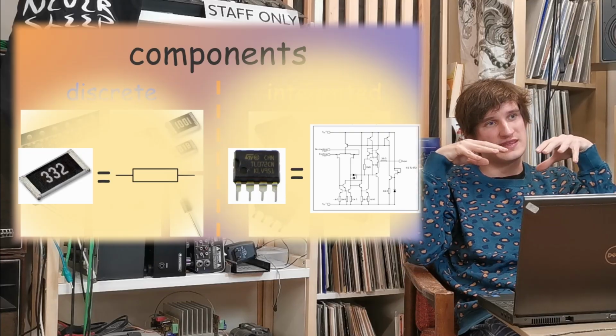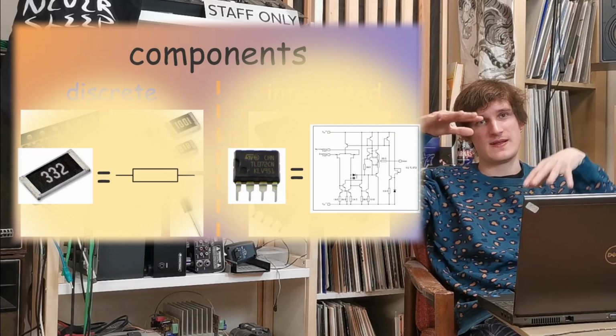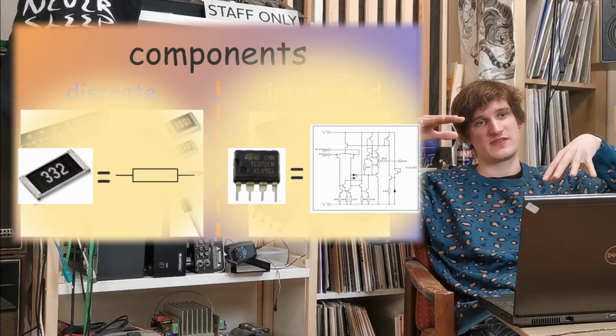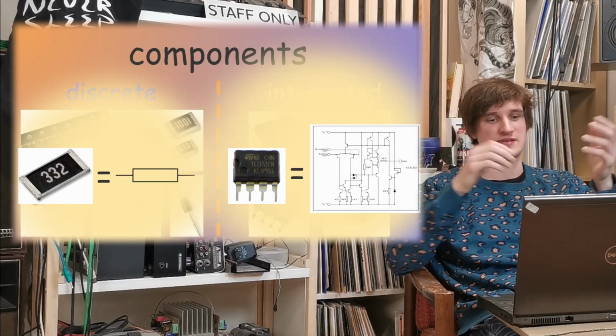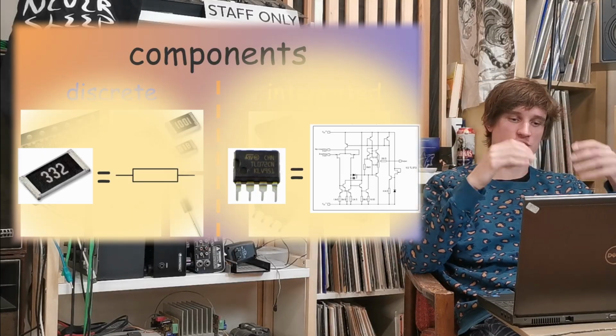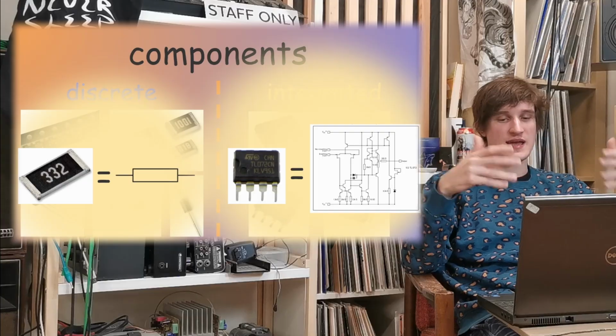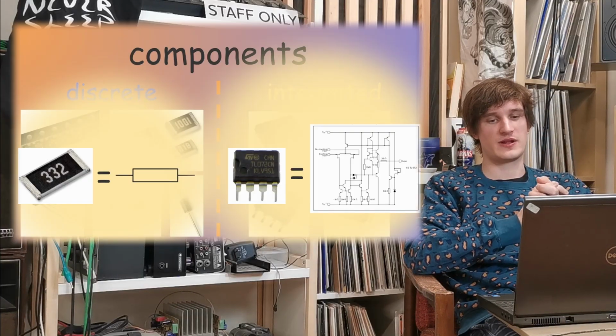They need to maintain close temperatures. When you have two components and their temperature varies, it's sometimes a problem. So you need some thermal coupling, and integrated circuits help with things like thermal coupling.